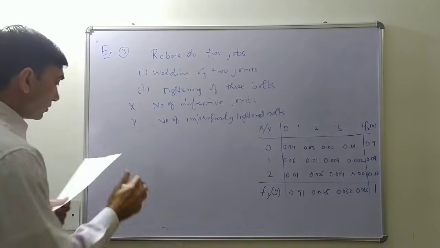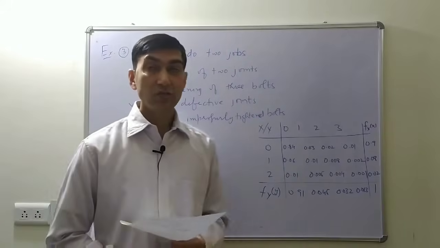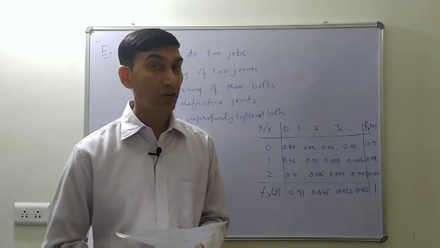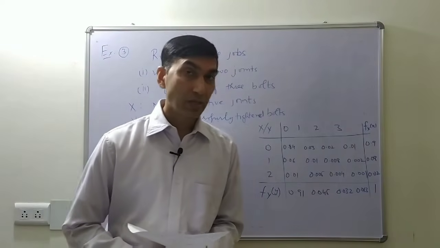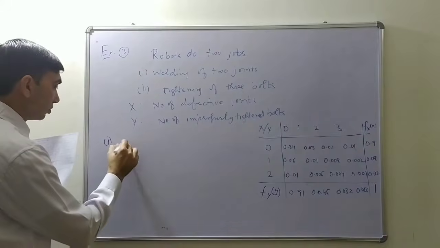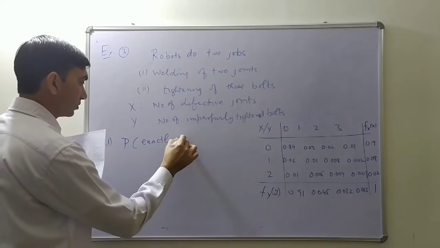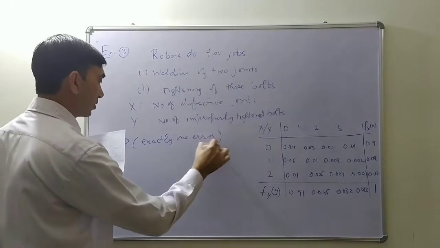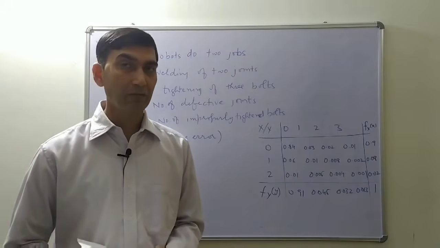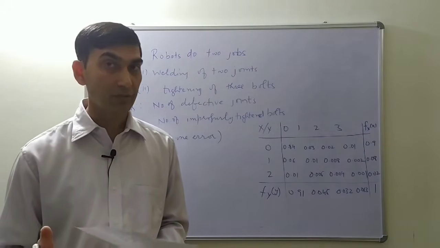After that, the question is, what is the probability that there is exactly one error done by the robots? Listen carefully. Find the probability that there is only one error made by the robots. Exactly one error means either x is 1 or y is 1.